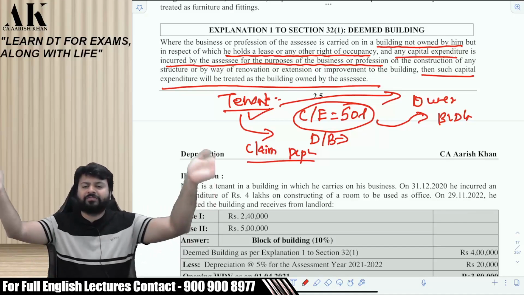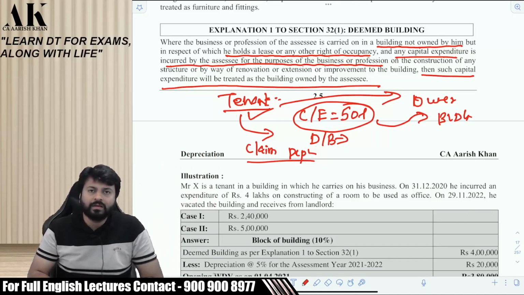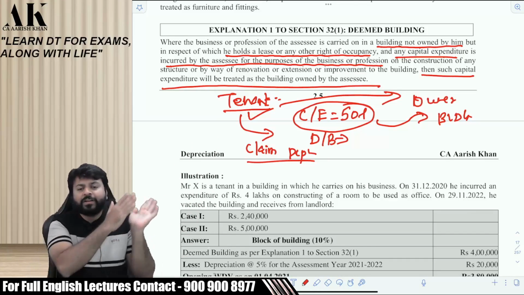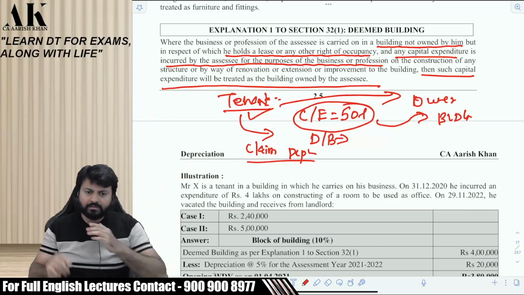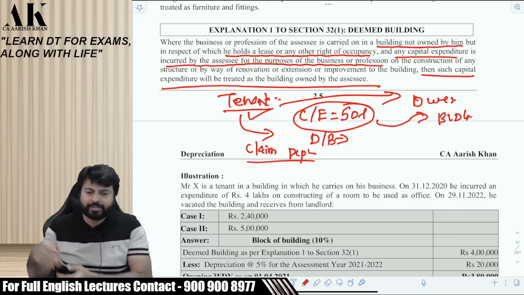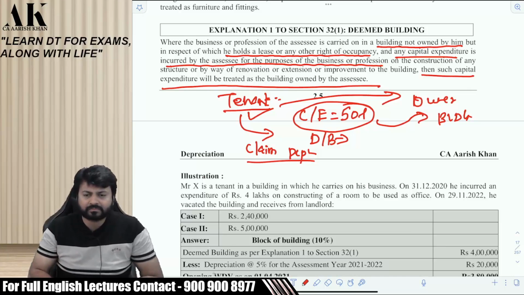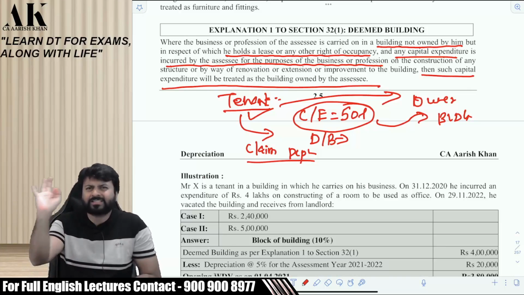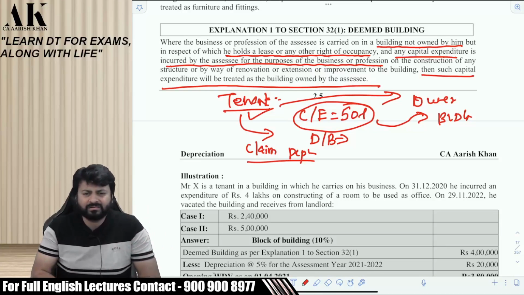Now what will happen after a few years? After a few years, when the tenant goes, will he take his floor back with him? He will give that to the landlord, right? Should the landlord be courteous enough to pay some amount to the tenant?